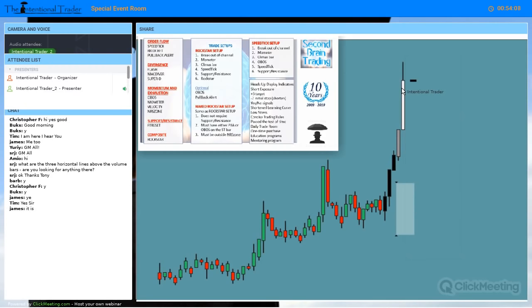Now we're looking for a climax bar. All right, so we want to see, remember, we're not just looking for climactic volume, we're looking for the right kind. Okay, so this is our pullback alert. This says that inside this bar there was a lot of churning activity.